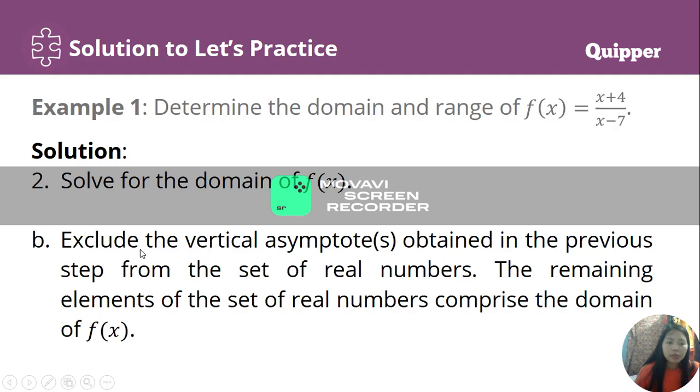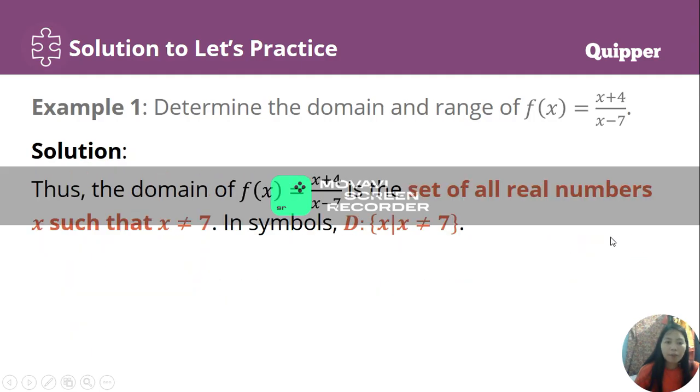Solve for the domain: exclude the vertical asymptotes obtained in the previous step from the set of real numbers. The remaining elements of the set of real numbers comprise the domain. When we say exclude the vertical asymptote, that is why we put x should not be equal to 7. So this is now our answer for the domain.